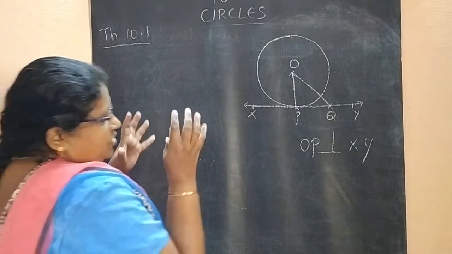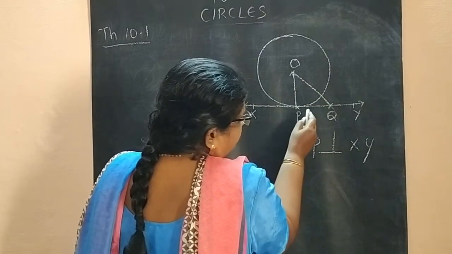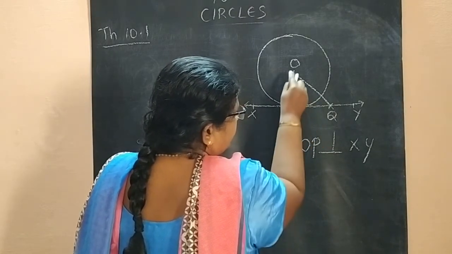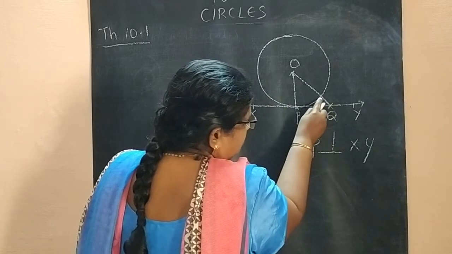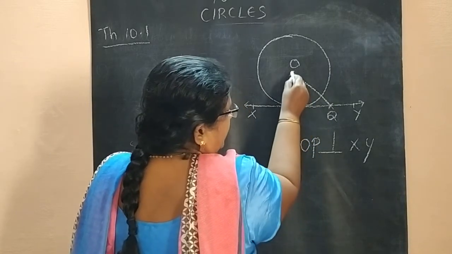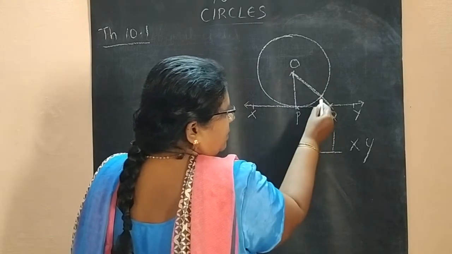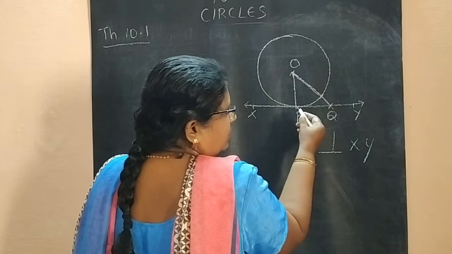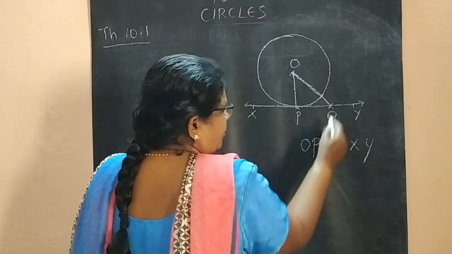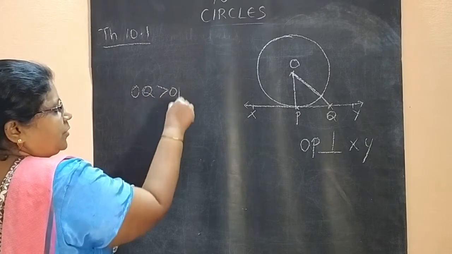Now it is clear that this OQ length is greater than OP. Why? Because this much part is coming outside the circle. Up to here we can tell it is a radius, but this much is bigger. So OQ is always greater than OP.